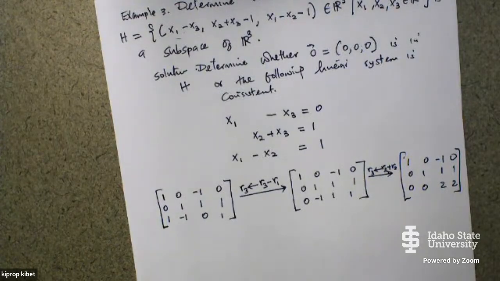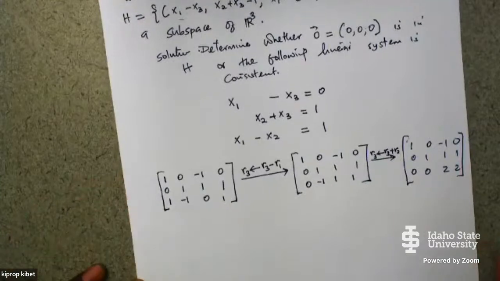The last row here is not contradictory. So it shows that the linear system is consistent.